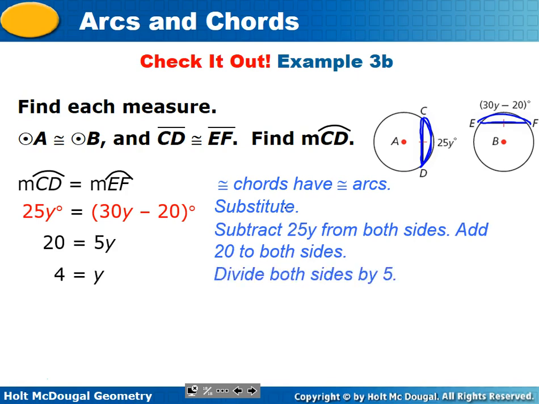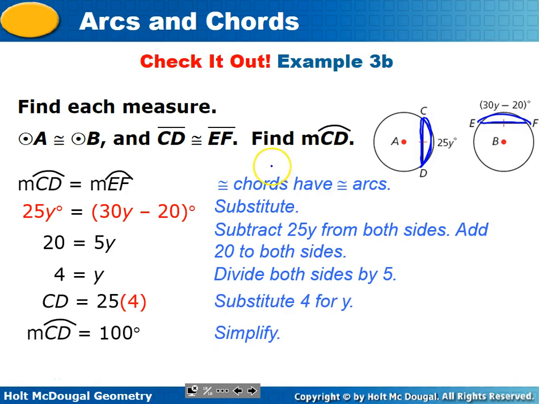So we get 4. And then we know that 25 times 4 is 100. And again, let's check this up here. So this would be 30 times 4 minus 20, that's 120 minus 20, and once again, that is 100. So that's our check to see if we got the right answer for both.